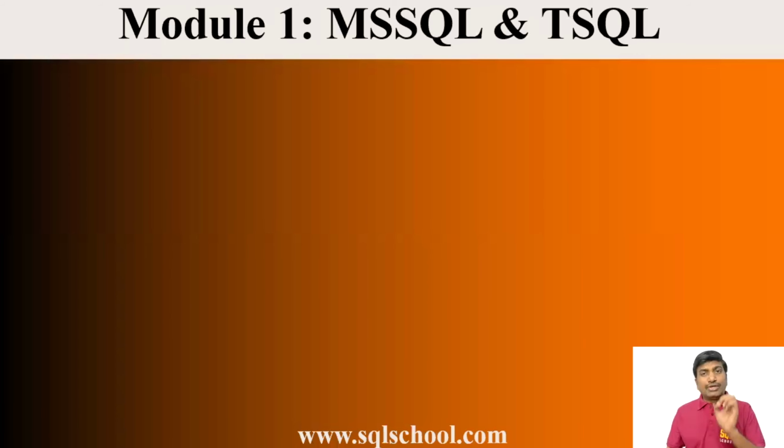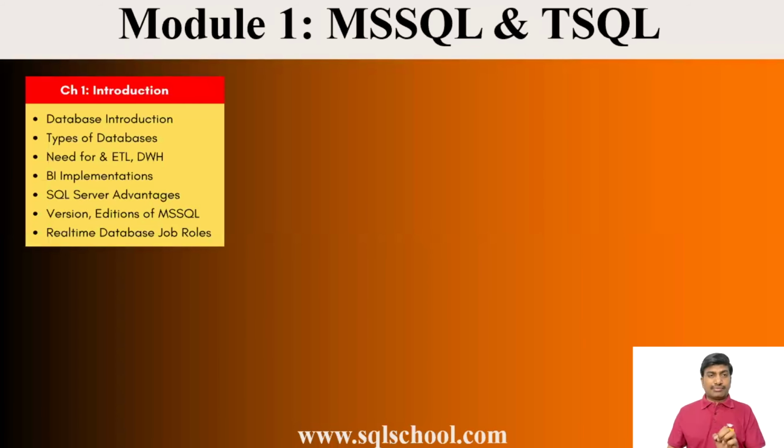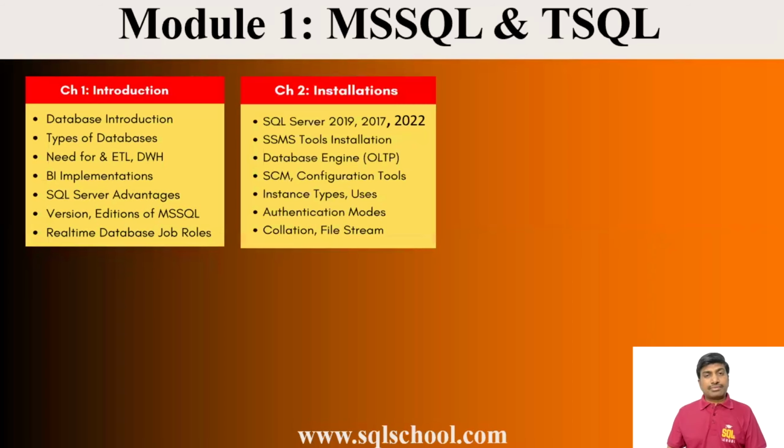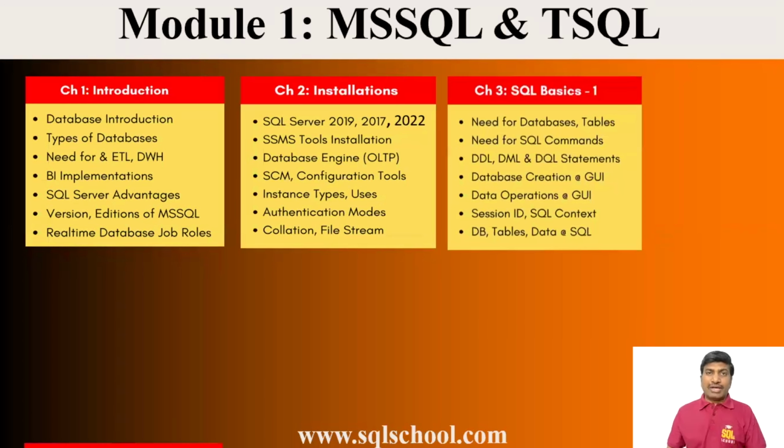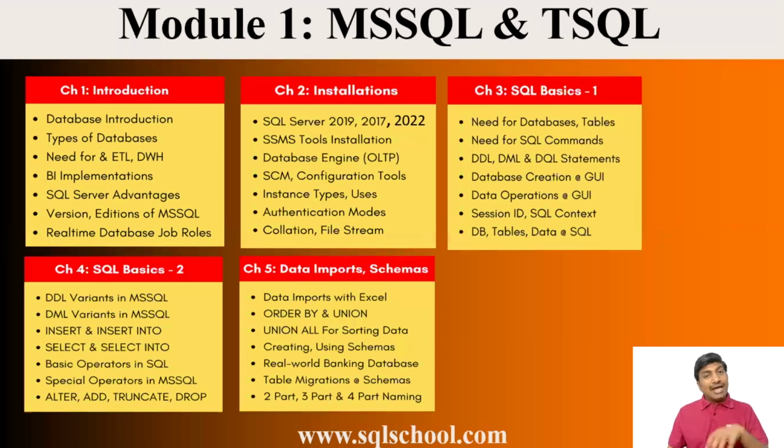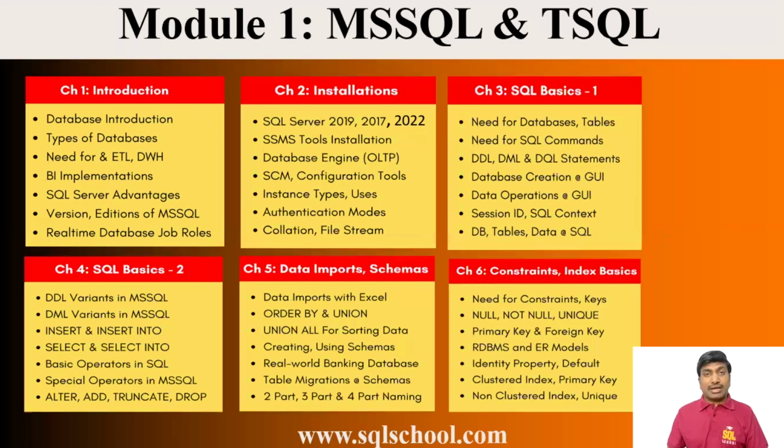In Module 1, we'll be learning the introduction to databases, then installation, then SQL basics for the next few chapters, and then we'll proceed to RDBMS, Relational Database Systems, OLTP.